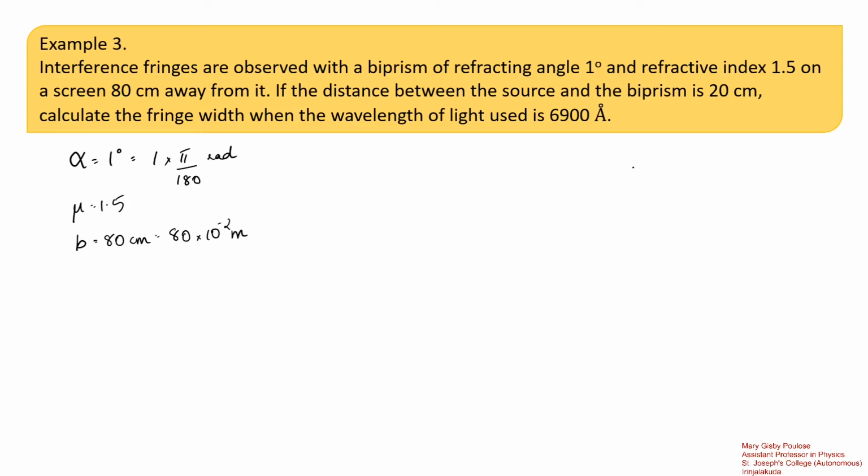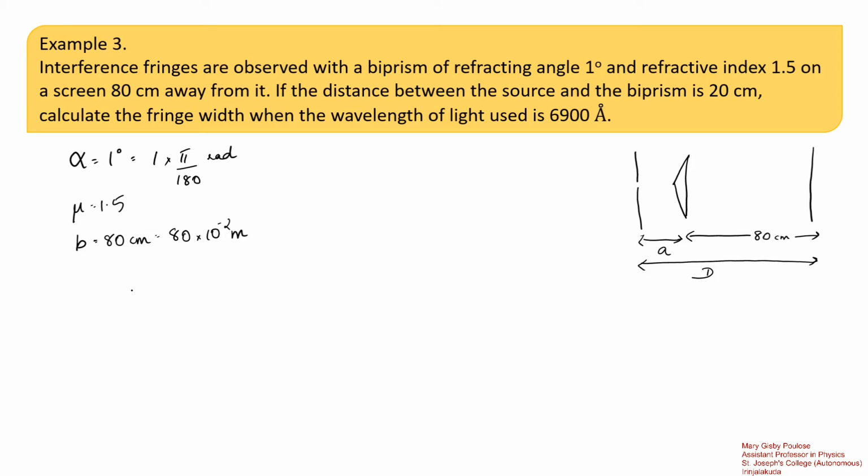In this experiment, the source is the slit and we keep the biprism in front of it, and then we have a screen placed further apart. Here the screen is at a distance of 80 centimeters from the biprism, and this distance is usually denoted as B. The distance of the slit to the biprism is denoted as small a, and the total distance from the slit to the screen is denoted as capital D. Small b is given as 80 centimeters.